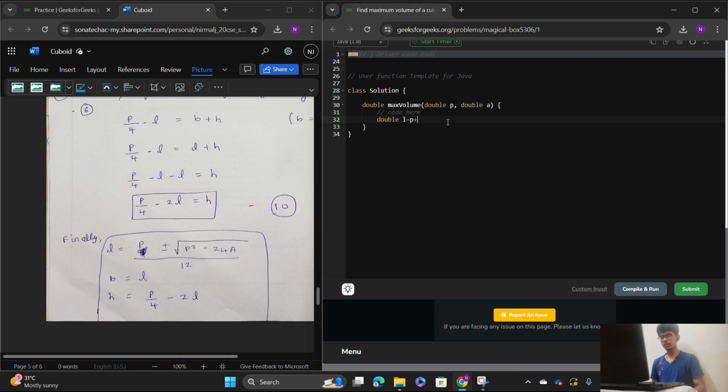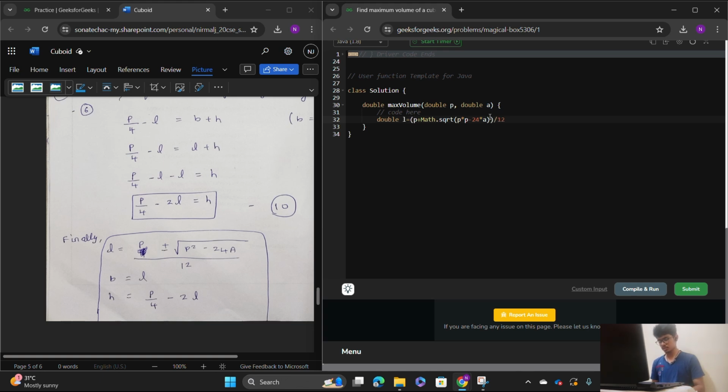Okay. So when I put plus here, plus math dot square root of p square minus 24 star a, divided by 12. Okay, this is my first case.